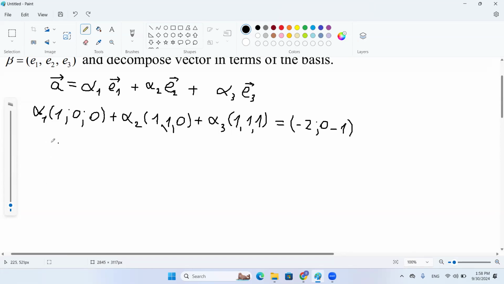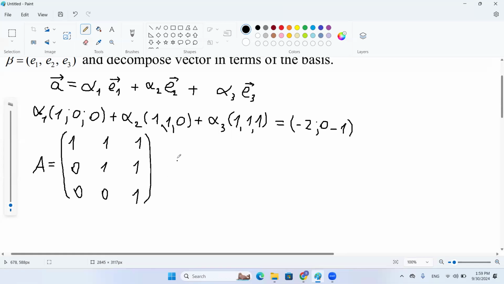So what do we get? So matrix A, or maybe alpha capital, if I'm not mistaken, looks the same as A. It looks in the following way. We take these vectors and make them columns: 1, 1, 0, and 1, 1, 1.